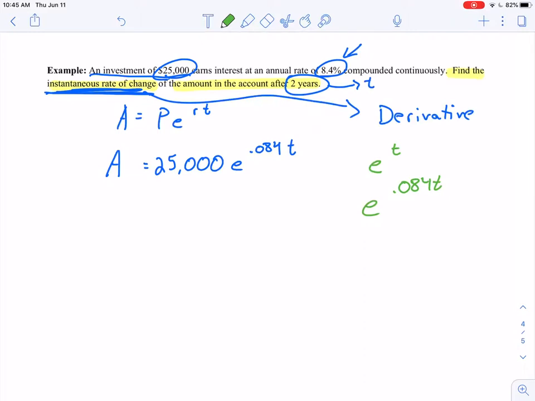And the way I'm going to do that is I'm going to say that this is 25,000 times e to the 0.084. Most of this all looks the same. All of this raised to the t power. So hold on a second. Am I allowed to do this?